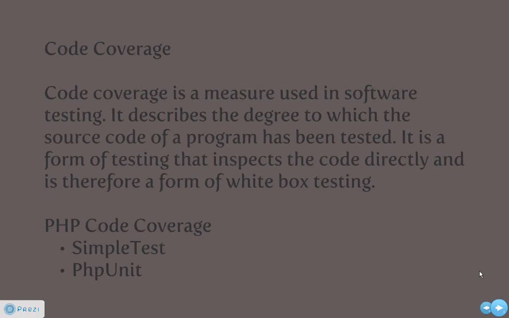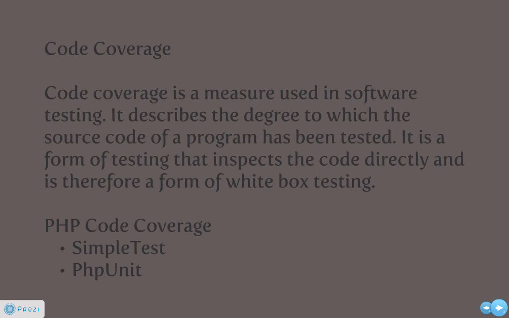Suppose you have a class where you have written 5 functions, and for those 5 functions you have written only 2 or 3 unit tests, then the code coverage will tell you that you have covered only 55% of your code. Ideally you have to complete at least 70 to 80% coverage. So it gives you the report for that particular code, showing how much you've covered.